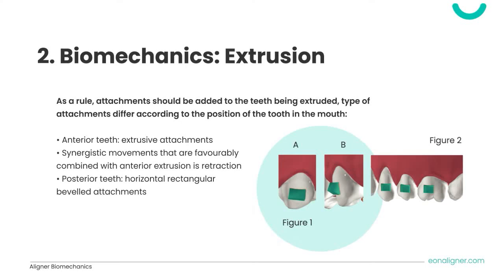So extrusion and retraction can favorably occur together. This is not to say that extrusion must be coupled with retraction, but it means that if both movements are happening, combining them together will increase predictability. As for posterior teeth, horizontal rectangular beveled attachments, shown in Figure 2, are used when planning extrusive movements.